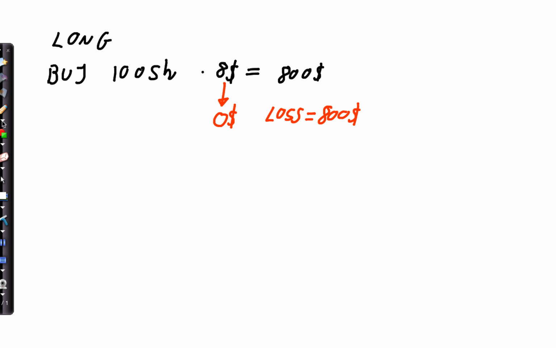But what about the profit? Well, the profit, there is no limit. If this stock is going to $80, so increasing 10 times, then your position is now 10 times more, so it's 8,000, right? And if the price keeps increasing, there is no limit.